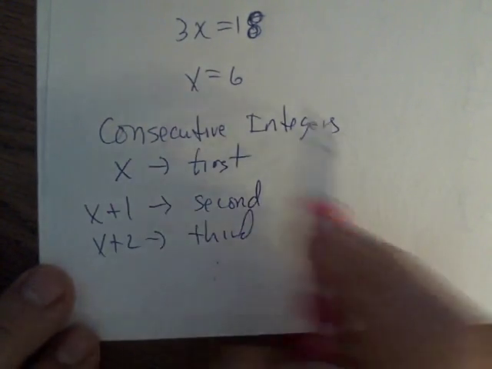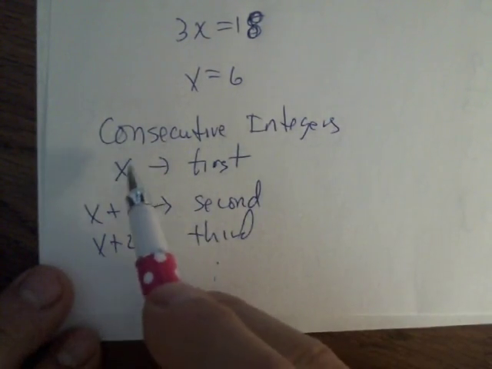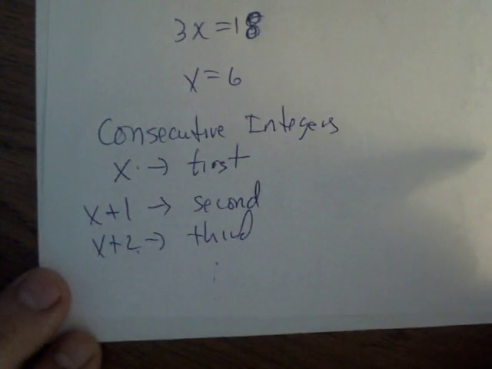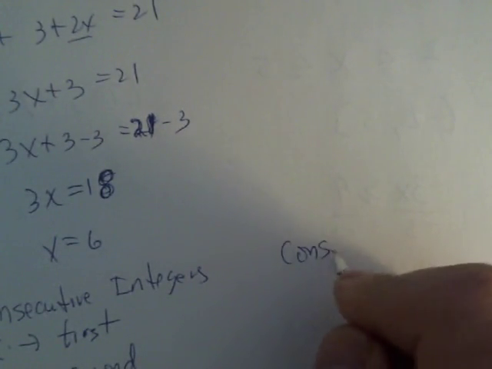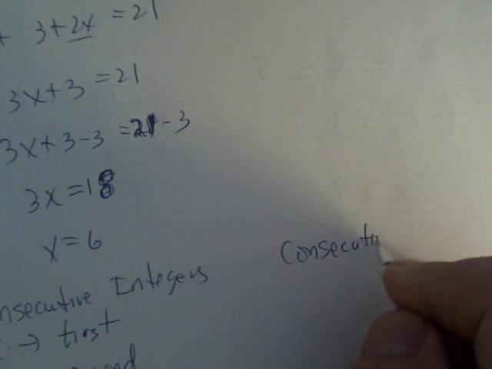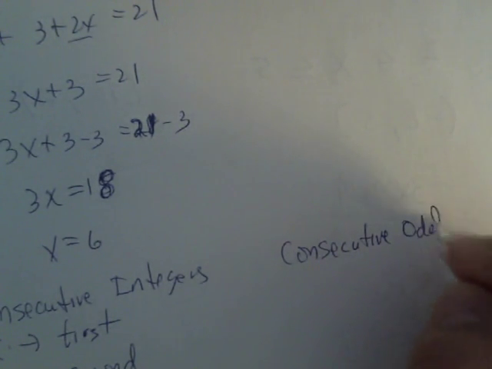So if you're talking about 3 consecutive integers, this plus this plus this equals the total. Now, consecutive even and consecutive odd work exactly the same way.